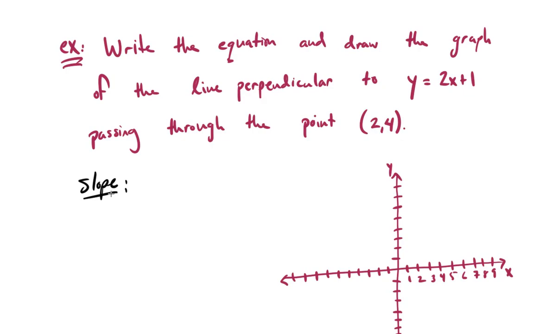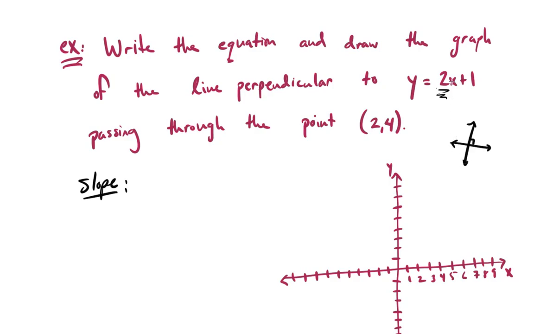Now here, the way we're going to get at our slope is we're given this equation for a line, y equals 2x plus 1, and this line has slope 2. And we know that our line is perpendicular to this line. If you've already looked at the book, you should know perpendicular means the lines cross in a right angle like this.